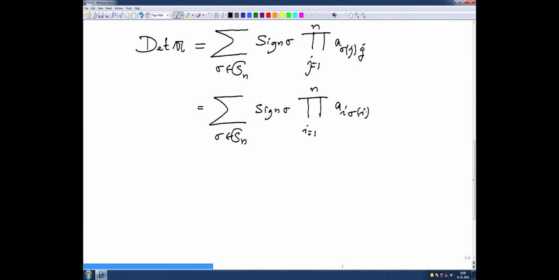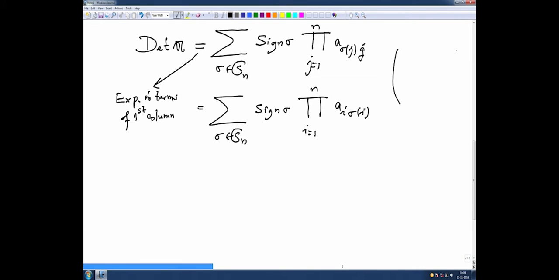Now this one is the expansion of the determinant in terms of the first column. What does one mean by that?